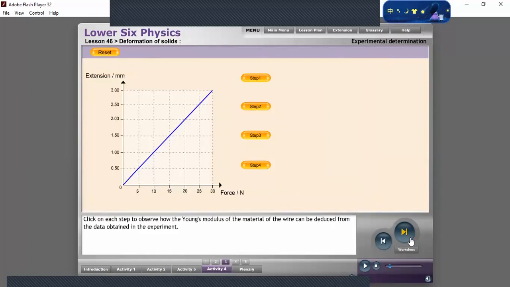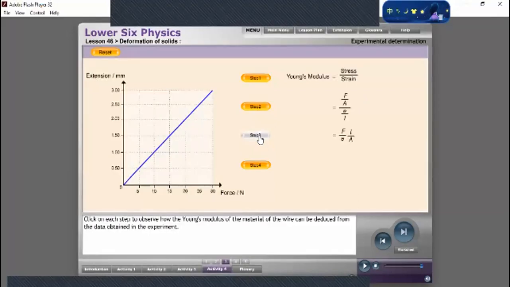Click on each step to observe how the Young's modulus of the material of the wire can be deduced from the data obtained in the experiment. So Young's modulus is equal to stress over strain, which is F over A over e over L. Rearranging, we get FL over eA.